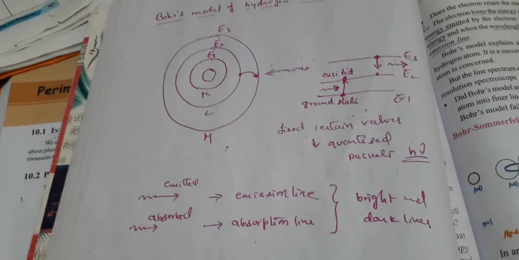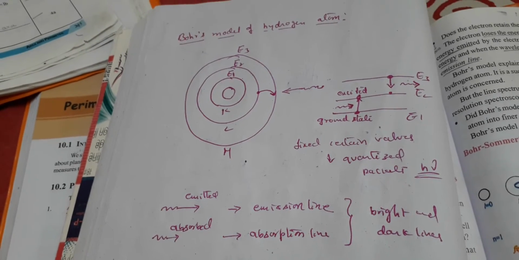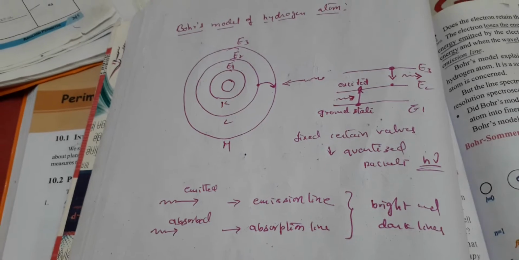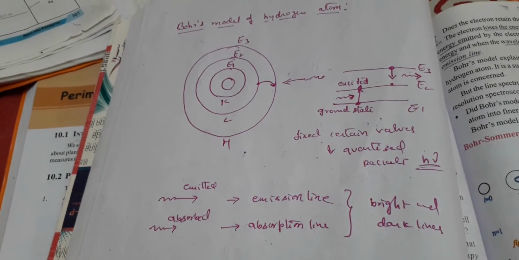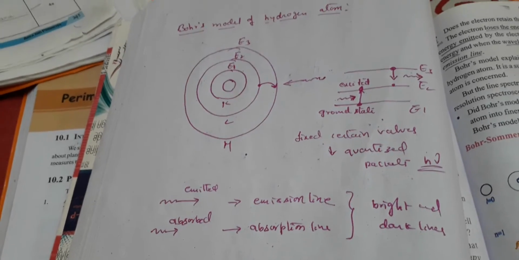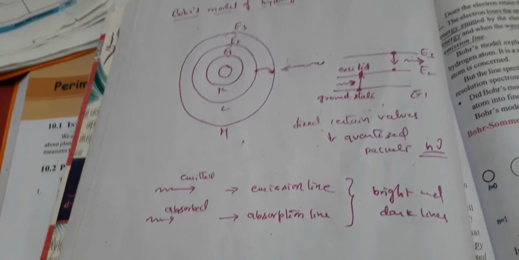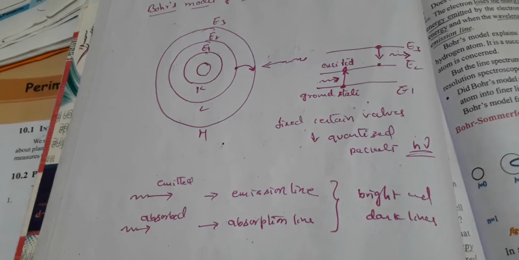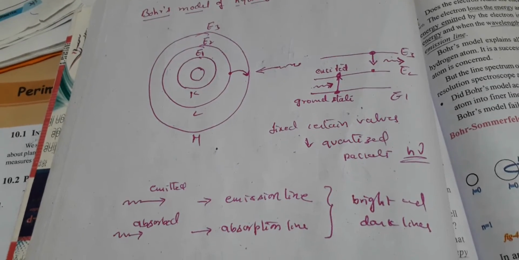Hence we say that each orbit has certain fixed energies, which are quantized. Each orbit has its specific energy, and whenever an electron belongs to that particular orbit, that electron has that energy. So this is what Bohr was able to explain based on emission and absorption.